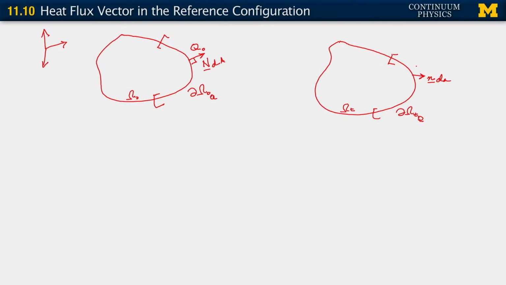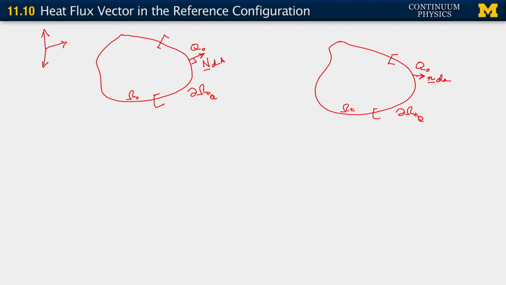Now, just as we did in the setting of stress tensors, we note that the only way to talk about equivalence of heat flux vectors between these two configurations is if we say that something is the same between them. We're talking of heat here, so what we are saying is that the heat influx to the body is the same in both configurations.